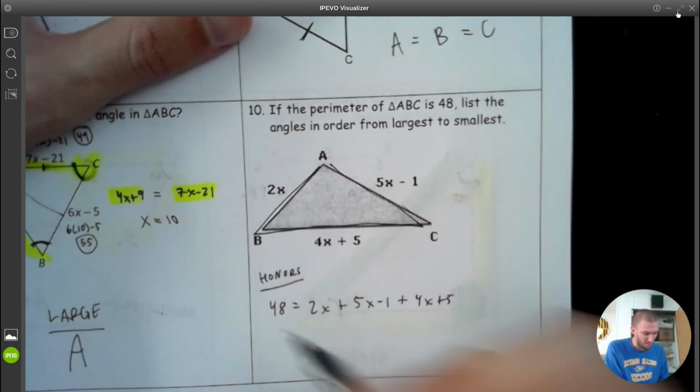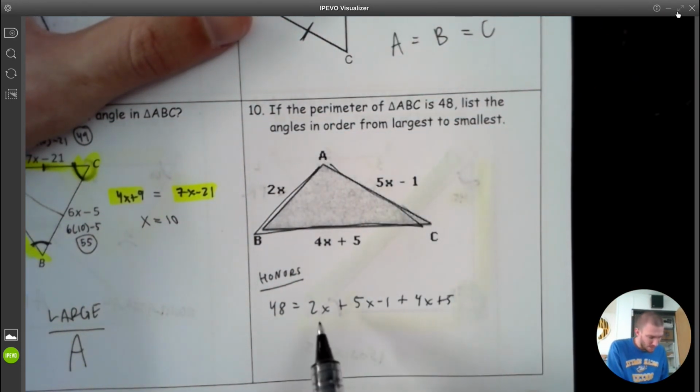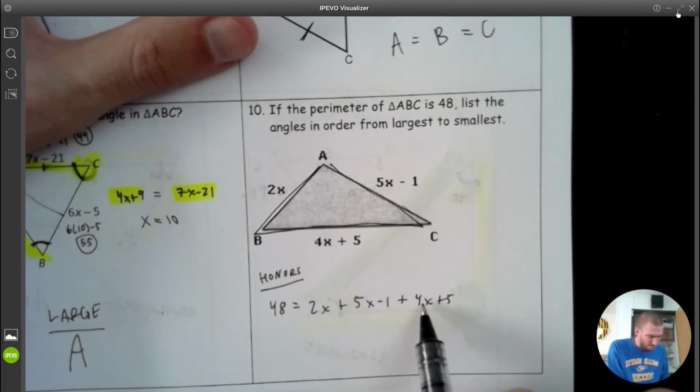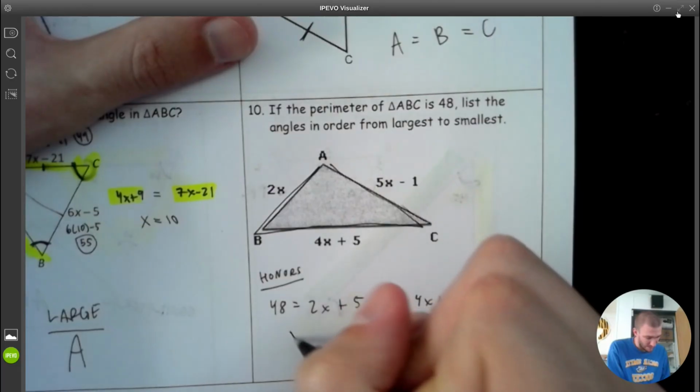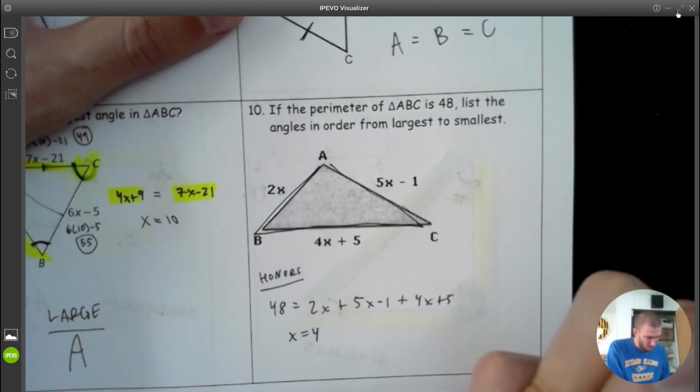Add up all of them and they should be equal to 48. 2 plus 5 is 7, plus 4 is 11 x's. Add 1, that's 49. Subtract 5, that's 44. 44 is equal to 11x. Divide it. I'm getting x is equal to 4.